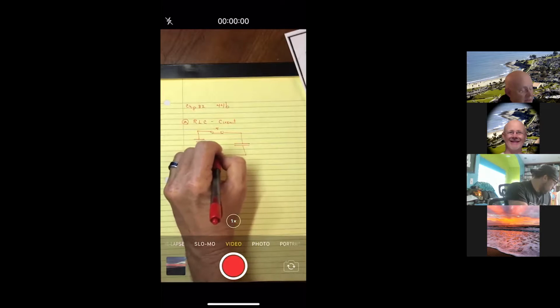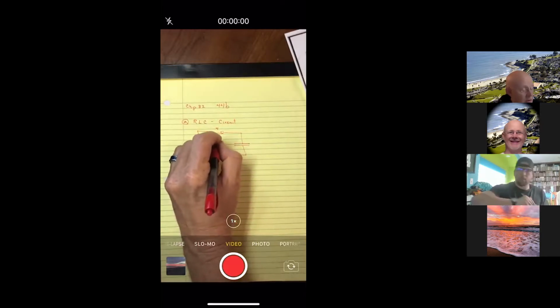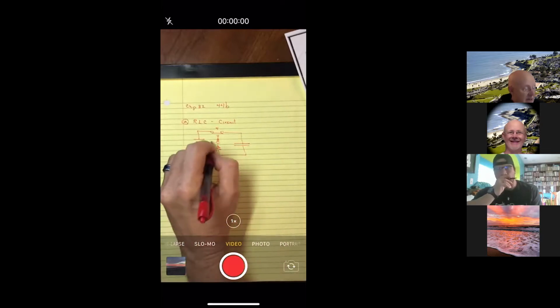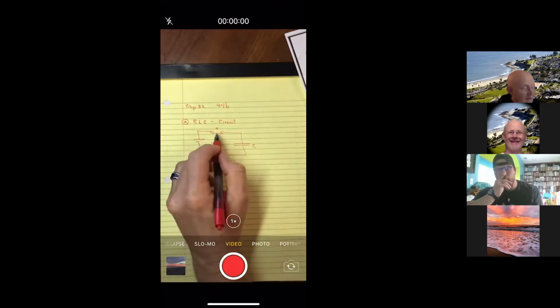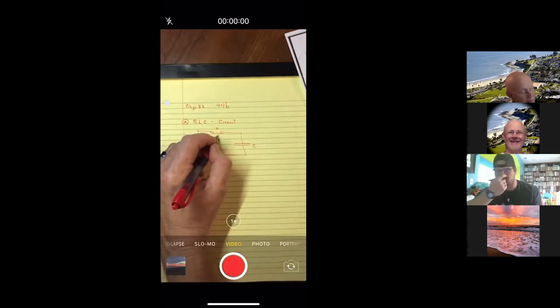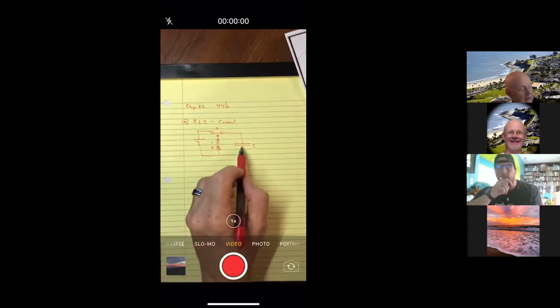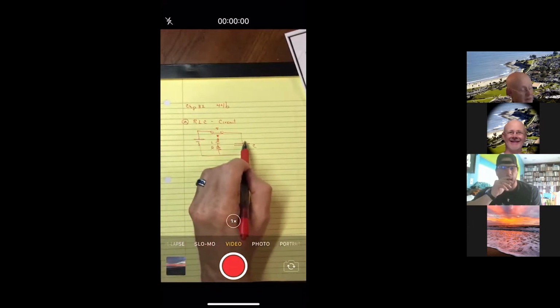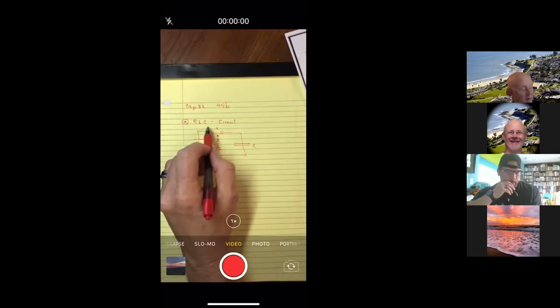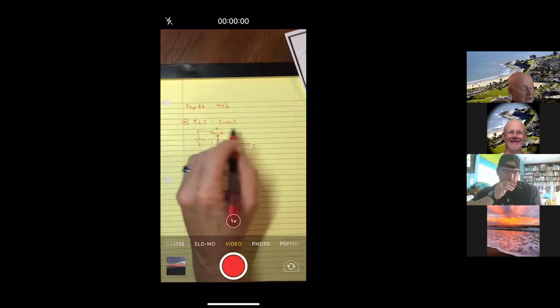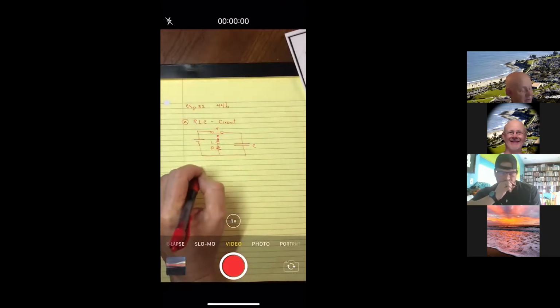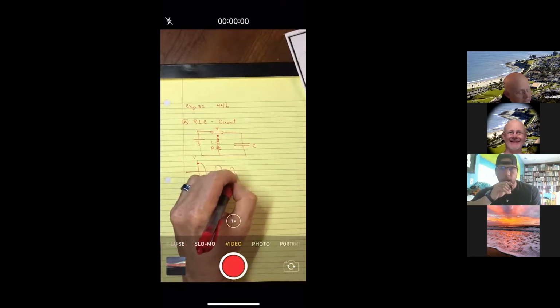Then once the capacitor gets charged and you disconnect the switch, you would swing it over here to the inductor. And so you would have a charged capacitor, and then you would have your R, L, and C all in series as it would oscillate. So if I were to plot, say, the voltage on the capacitor, it would do this.